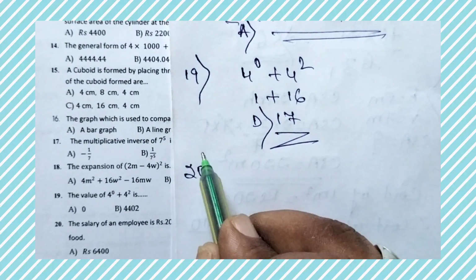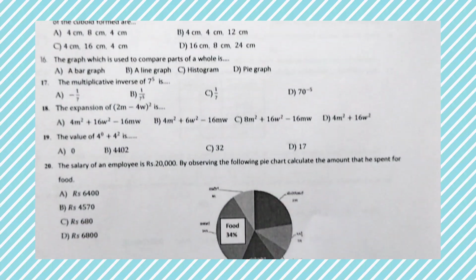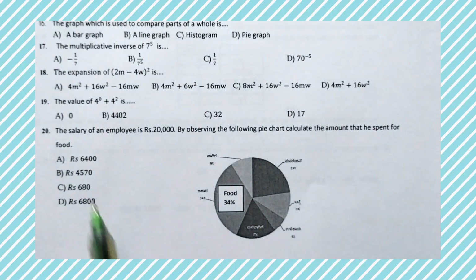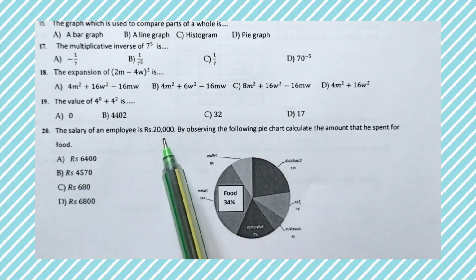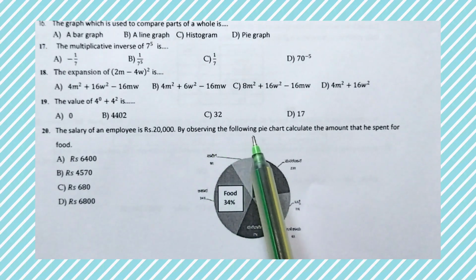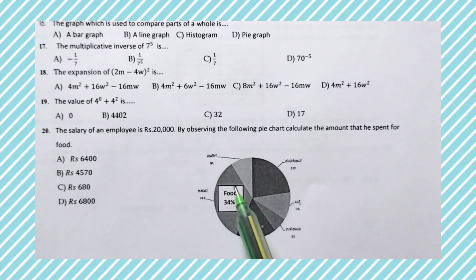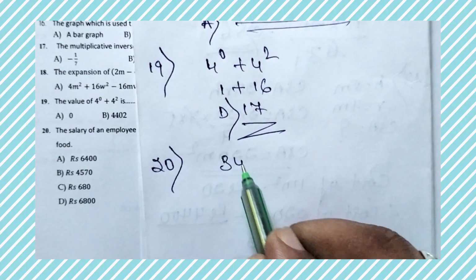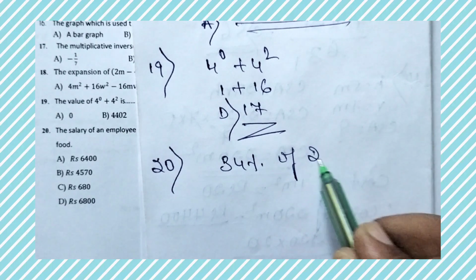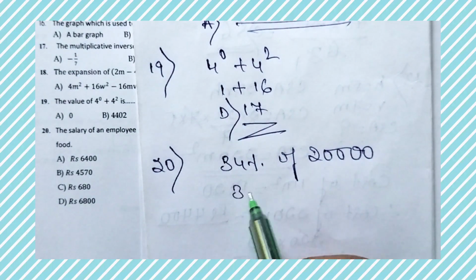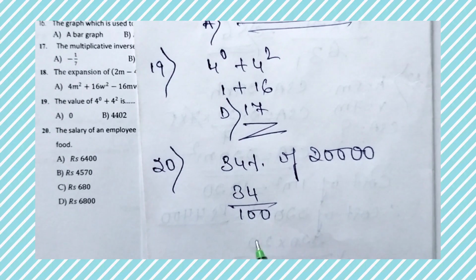Then coming to the last question of MCQ. Here one pie chart is given. In that pie chart, the salary of an employee is 20,000. Out of 20,000, by observing the following pie chart, calculate the amount that is spent for food. For food, he has given the percentage, so 34%. So out of 20,000, 34% will be the expenditure for food. So now let us find out 34% of 20,000. 34% can be written as 34 by 100.